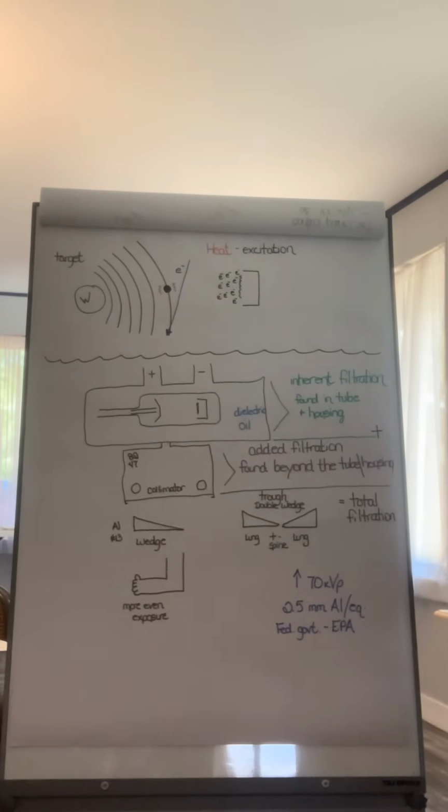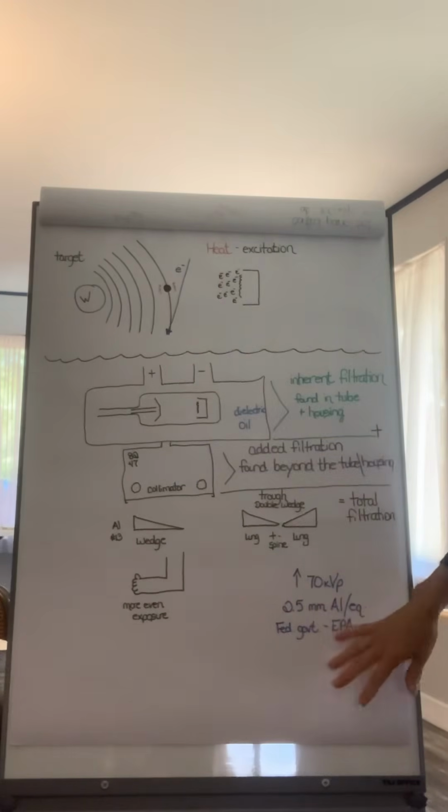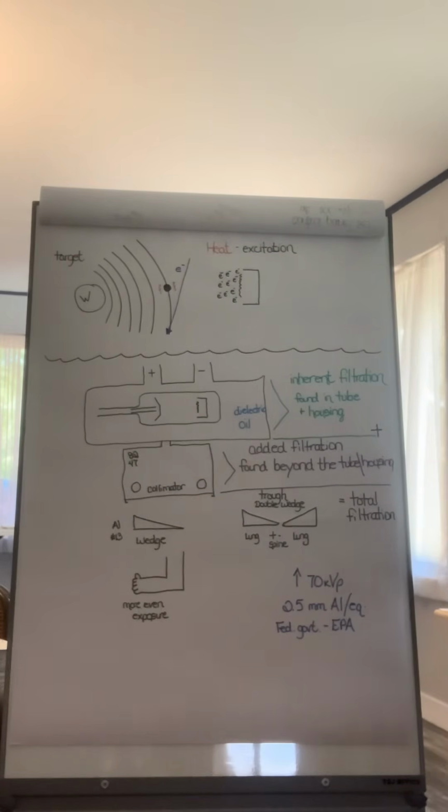So it's 2.5 millimeters of aluminum equivalency, set by the federal government, specifically the Environmental Protection Agency. So from here down, this is our example of filtration, where you find it, what kind of things make it up. Anything that can stop a low energy photon from exiting the tube is going to be a good thing.